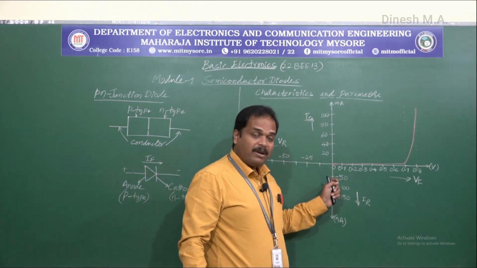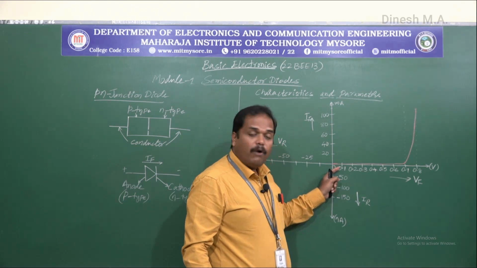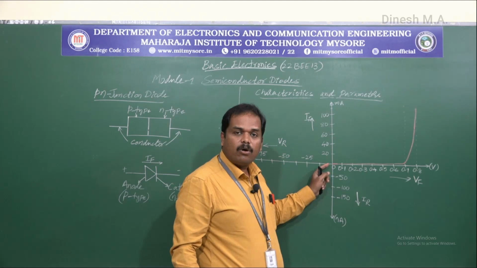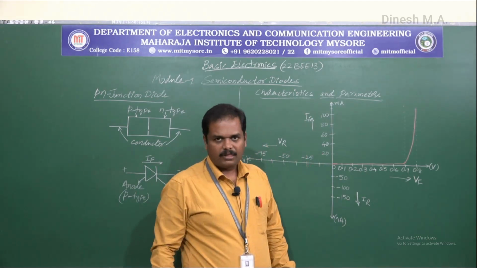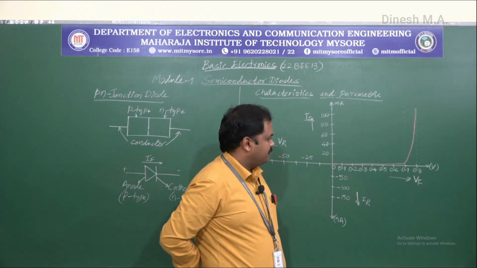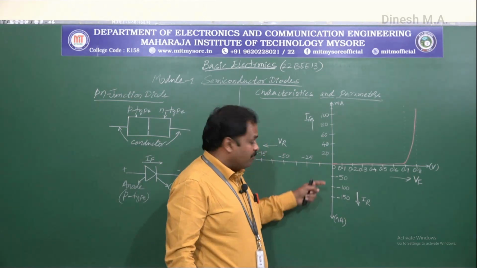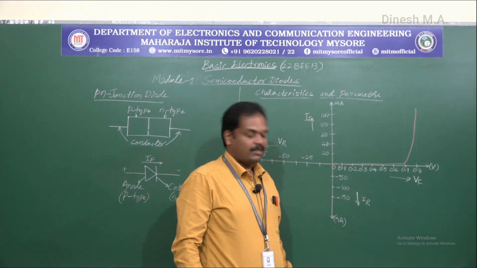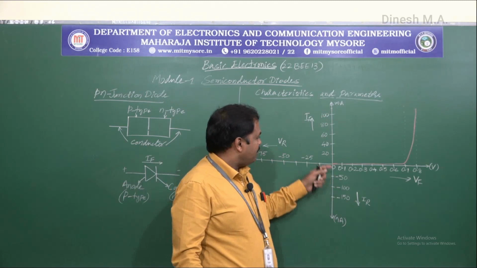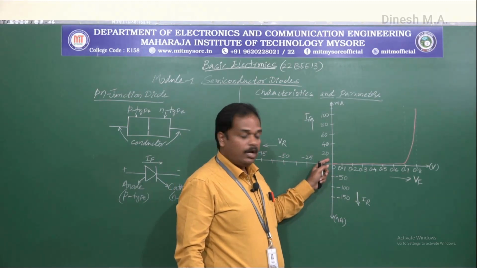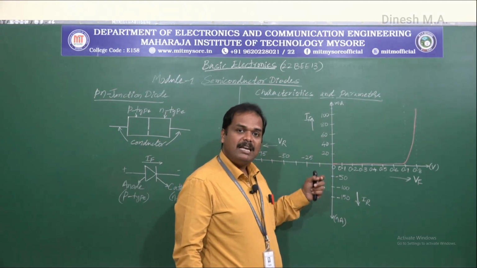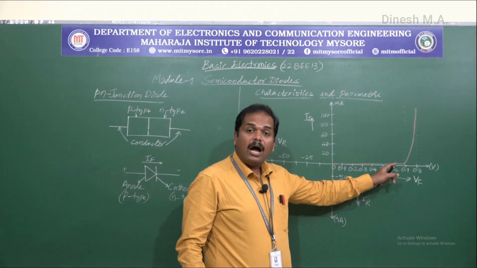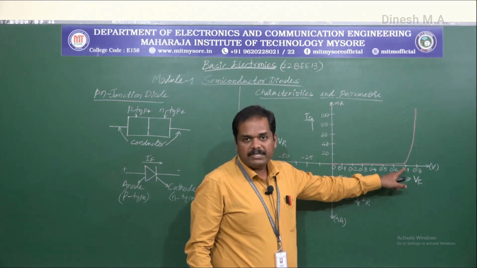Let me repeat this. The forward current through the diode will remain almost zero, typically less than 100 microamperes, till the forward voltage across the diode crosses 0.7 volts.